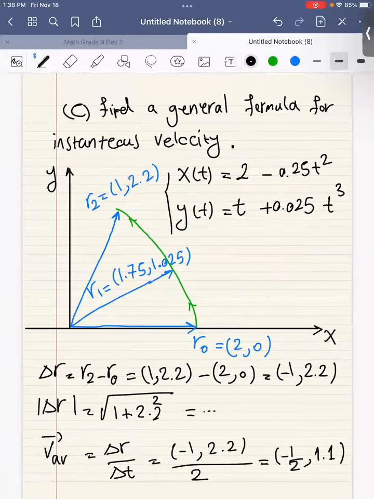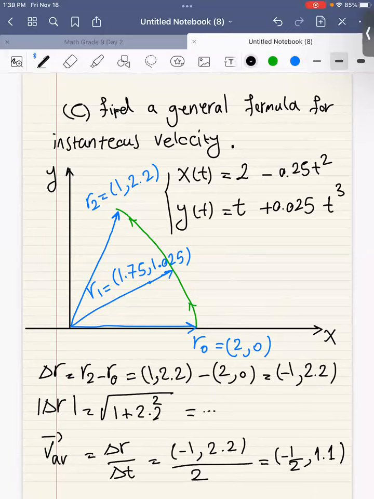Oh, okay. I just computed R1 so that you can see how this particle moves. So this is the average velocity in the time interval from 0 to 2. That is why I subtract R0 from R2 and then divide by delta t, which is 2.